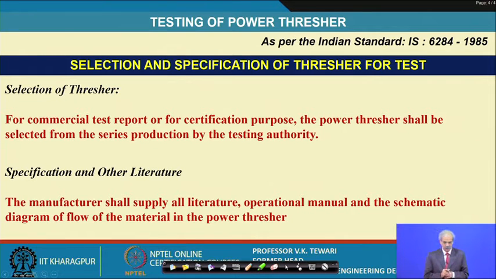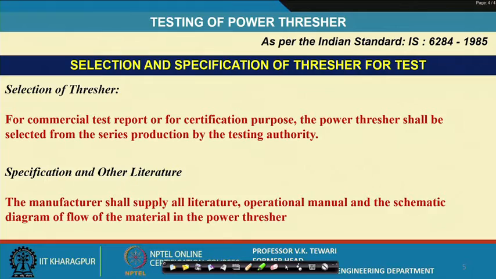Well, selection and specification, testing of power thresher. Now, when we are talking of thresher, we have talked of the parameters. Now, when we talk of testing, because we need to certify that, as an engineer you will be required to do that, and BIS has put in standards which must be followed. We have just taken those standards and put them slightly in a different fashion, everything remaining the same.